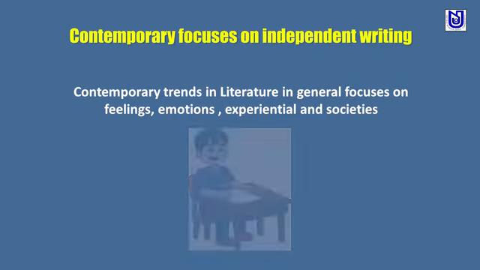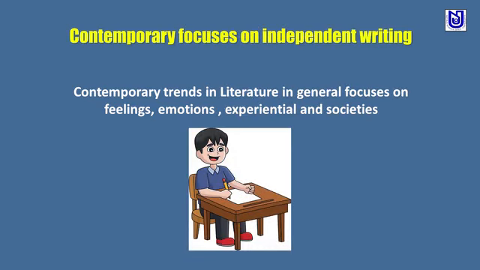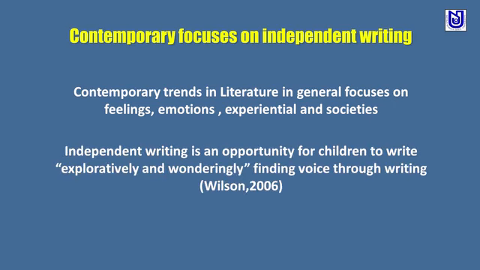Contemporary trends in literature nowadays can be summed up in a very lucid and maybe debatable way, with certain focuses like feelings, emotions, experiential issues and societal issues. These are the things nowadays given most importance as contemporary trends in literature. So independent writing is an opportunity for children to write exploratively and wonderingly, finding voice through writing.